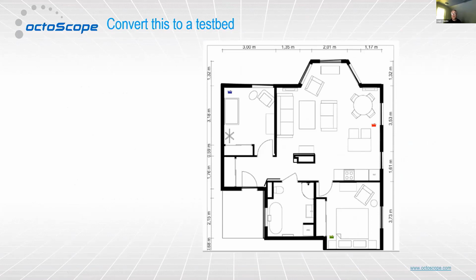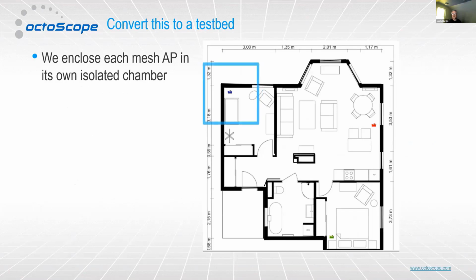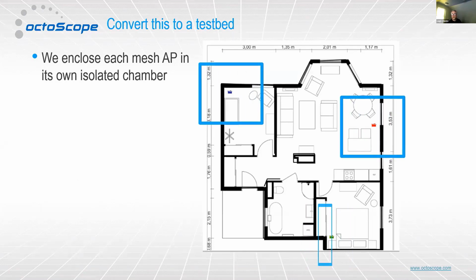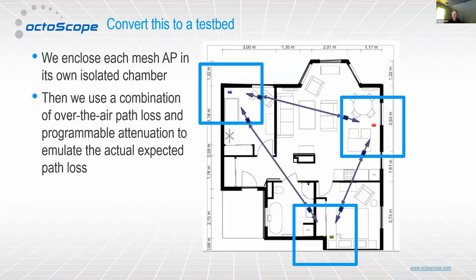Well, we can now convert this to a test bed, right? When we convert this to a test bed, we take each one of those mesh APs and enclose it in its own isolated chamber. We connect those chambers using RF cables and antennas.